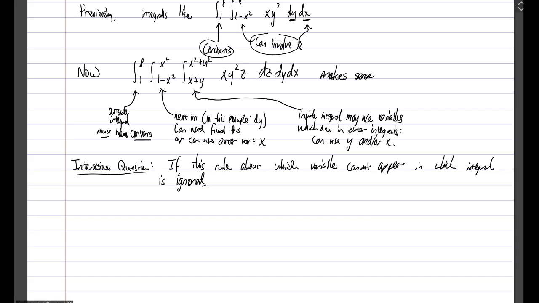So let's pause, say what I mean here. We're seeing here that, say, the inner integral may use x, but it cannot use y or z. The outer integral must have constants. It cannot use x, y, or z. Let's say you tried. Let's say you did that. So if you ignored this rule, what issue would we have with the final answer?